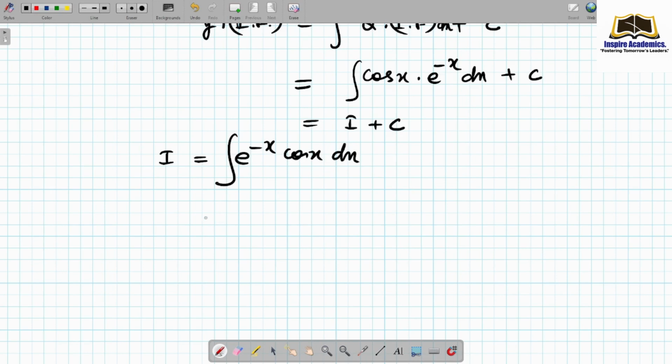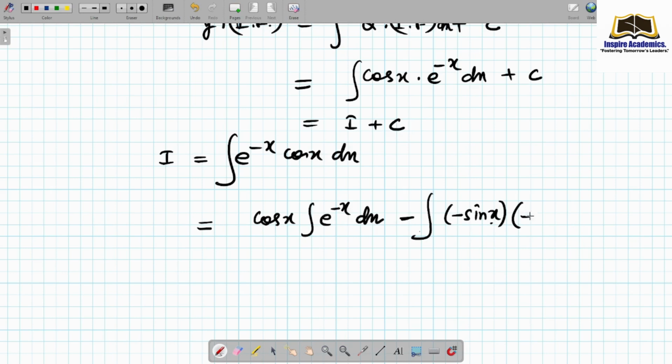Okay, so let us write down cos x times integration of e power minus x dx, then minus integration of d by dx of cos x, which is negative sin x, times d by dx, and then integration of e to the power minus x will be negative e to the power minus x, and then dx.